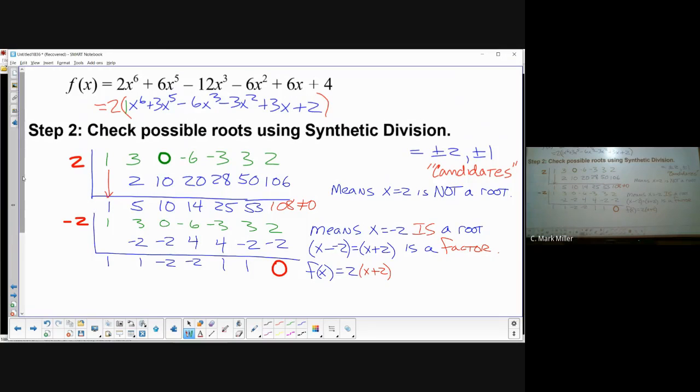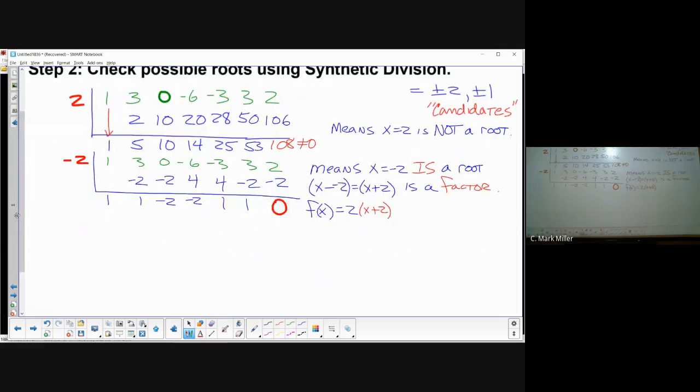And according to that slide, those equivalent conditions, that's going to be times another polynomial of 1 less degree. Our polynomial here is a degree 6, right? So inside those parentheses go a polynomial of degree 5. So it's going to be something x to the 5th, something x to the 4th, something x to the 3rd, something x to the 2, something x to the 1, and a constant.